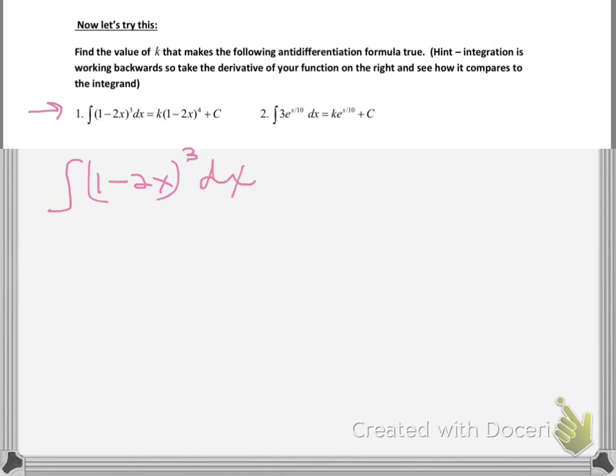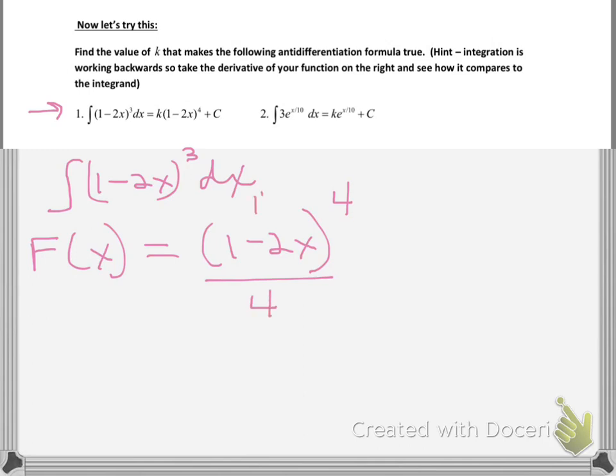So here's the chain rule problem. What I'm going to do is I see I have a power rule going. So my f of x will equal exactly what I have there in parens, 1 minus 2x. Add 1 to the power, that makes it 4, divided by 4. Now, because this is not just plain old x, I have to think about the chain rule.